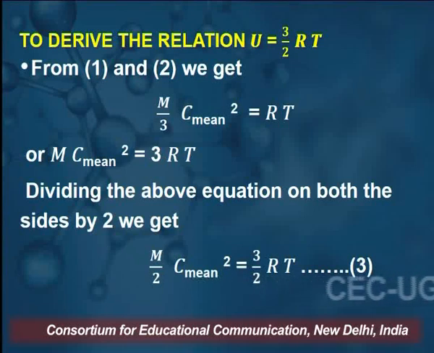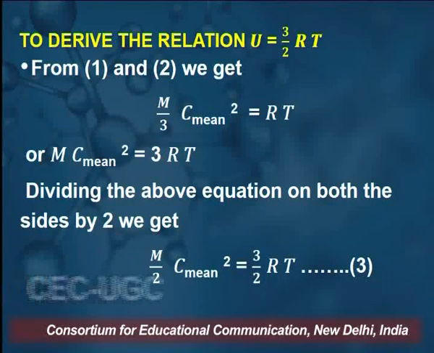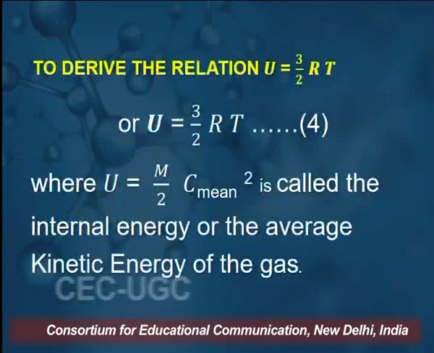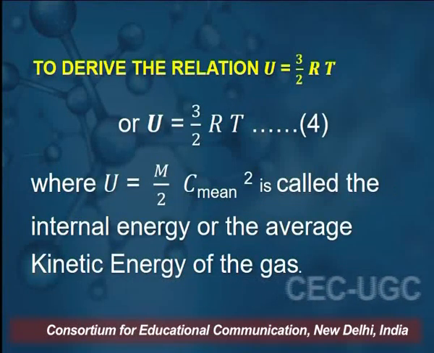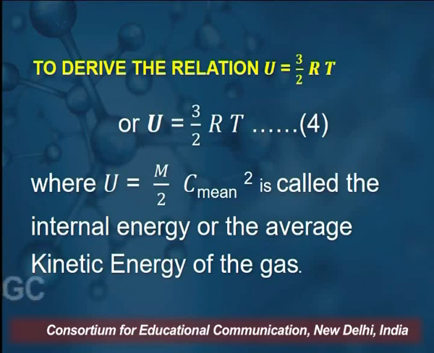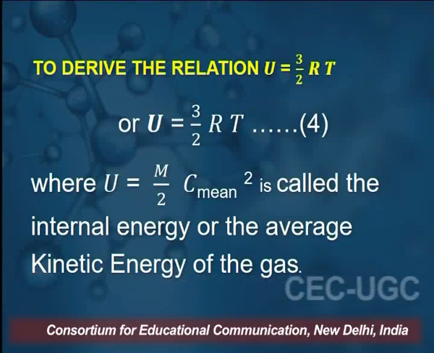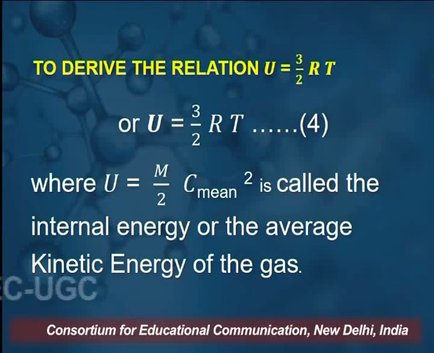So we get M by 2 C mean square is equal to 3 by 2 RT, or U is equal to 3 by 2 RT, where U is equal to M by 2 C mean square, called the internal energy or the average kinetic energy of the gas.